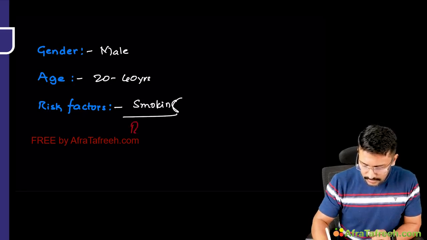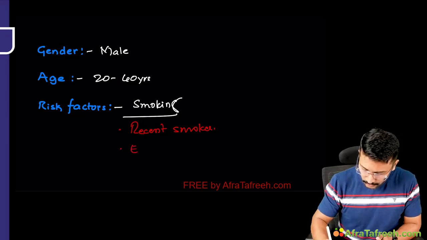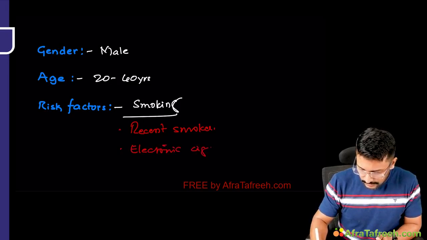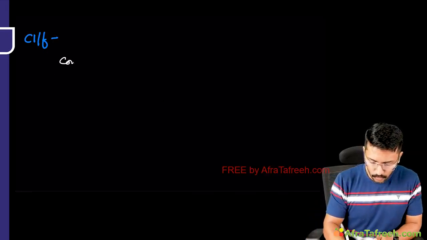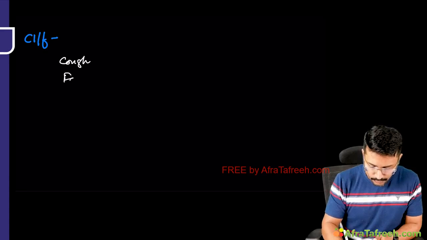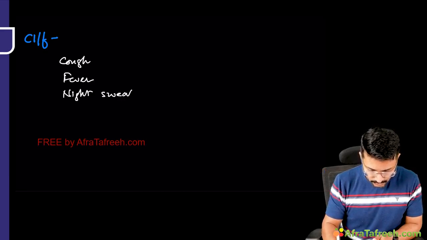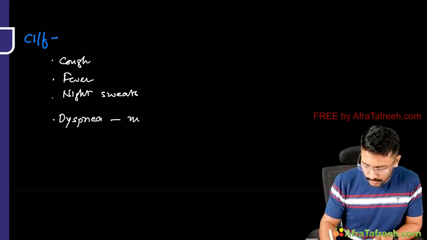Especially, he has recently started smoking, a recent smoker, or he has recently switched to electronic cigarettes or e-cigarettes. Such a patient, when they present with complaints of cough, fever, night sweats, and dyspnea, dyspnea often moderate to severe in intensity.